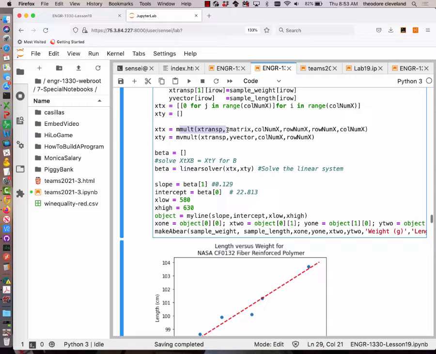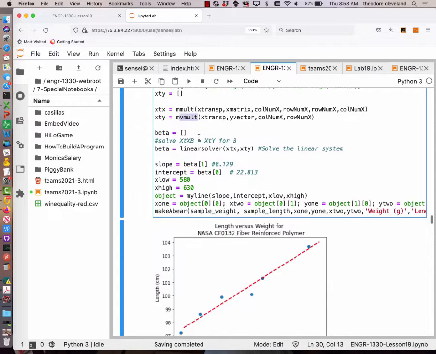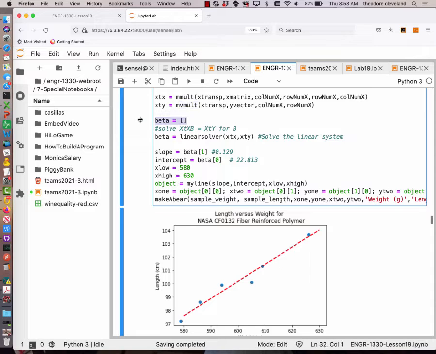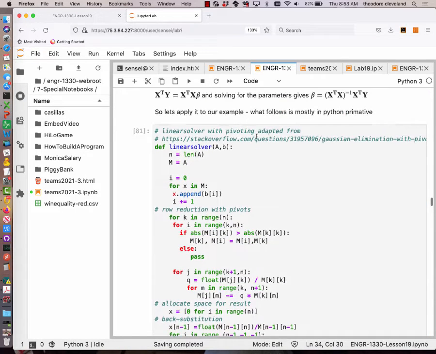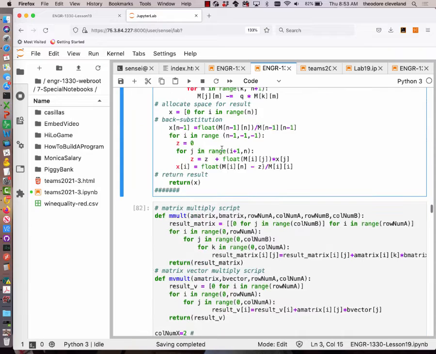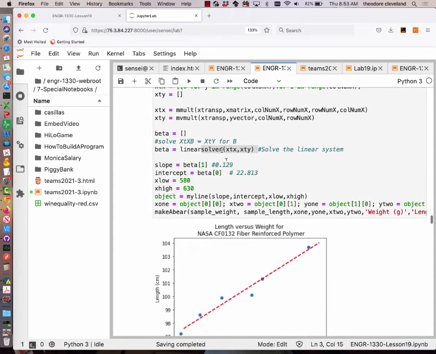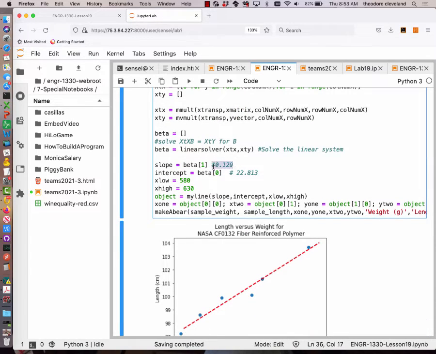Then we create them using matrix multiplication and matrix vector multiplication. Finally, we create space for our beta 0 and beta 1. And we run our linear solver function, which does this guy up here. And we will recover the slope in beta 1, and the intercept will be beta 0.